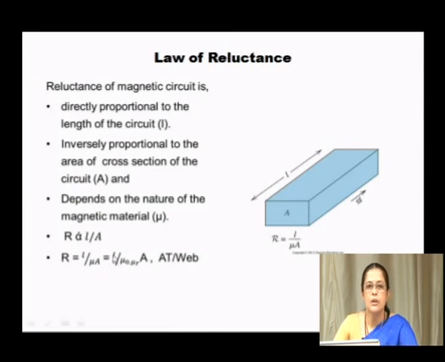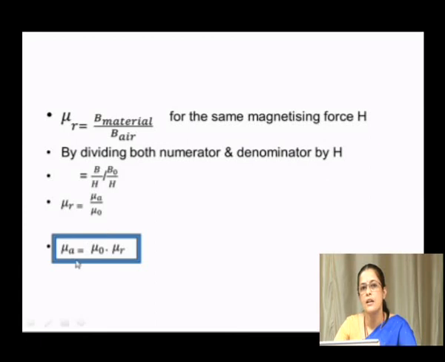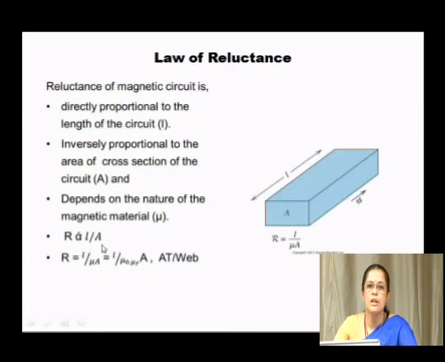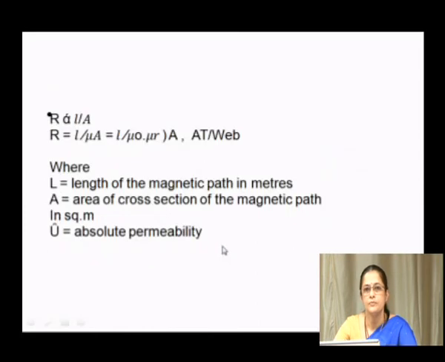Therefore, R is equal to L by mu A, where mu can also be written as mu naught into mu R, because we just now studied that mu is mu naught into mu R. So, R is equal to L by mu naught into mu R into A, and the unit is ampere turns per Weber.